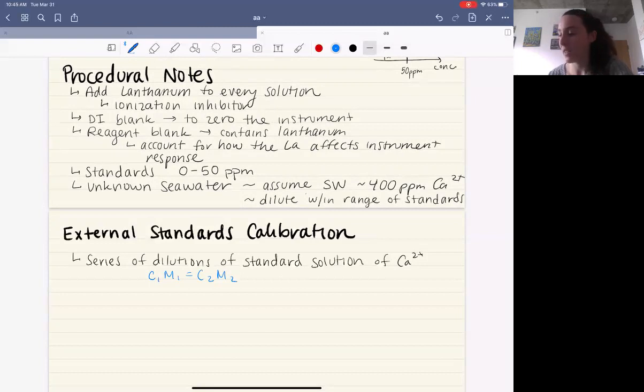You may have seen this formula before as M1V1 equals M2V2, but I think it will be helpful for you to write it in this format, because again, in analytical chemistry, we no longer use volumes. And the M is usually because we represent concentrations in molarity in Gen Chem, but now concentrations, as we have learned, can be different units other than molarity.